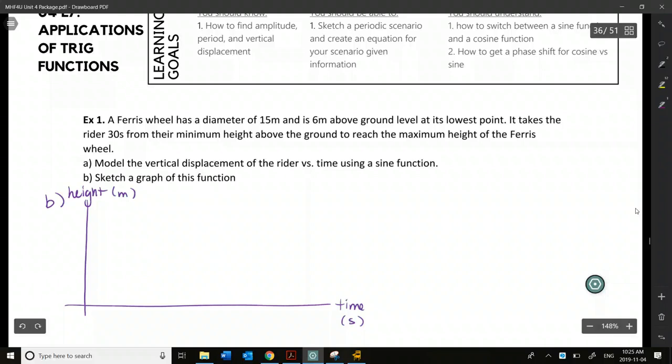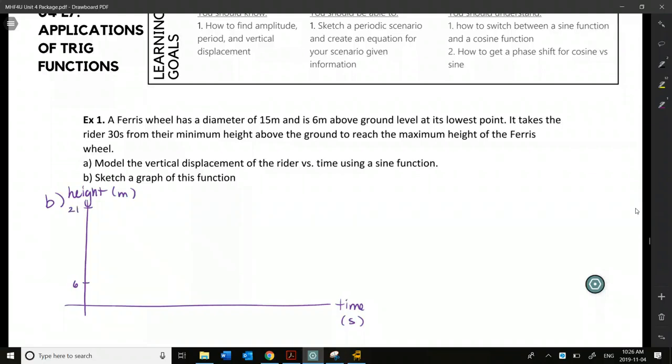The minimum height that my rider can be above the ground is 6 meters. What's the maximum height my rider could be above the ground? How high off the ground? 15 is the diameter of the Ferris wheel. 21, right? Because 6 meters off the ground and then another 15 would be 21.